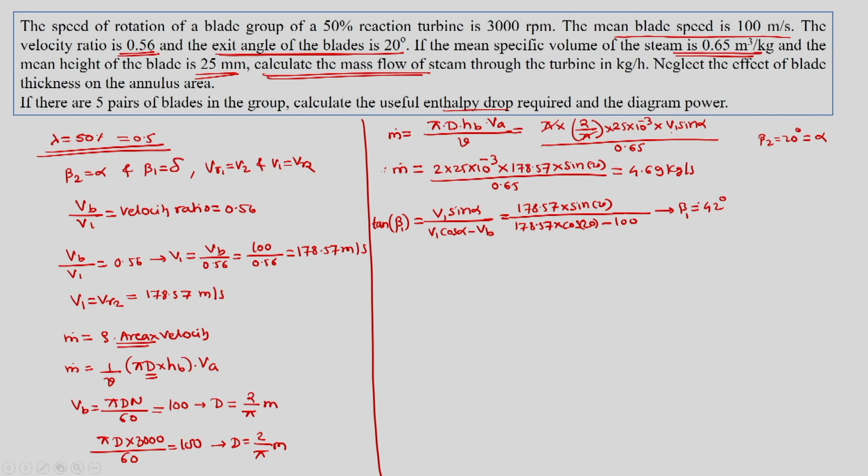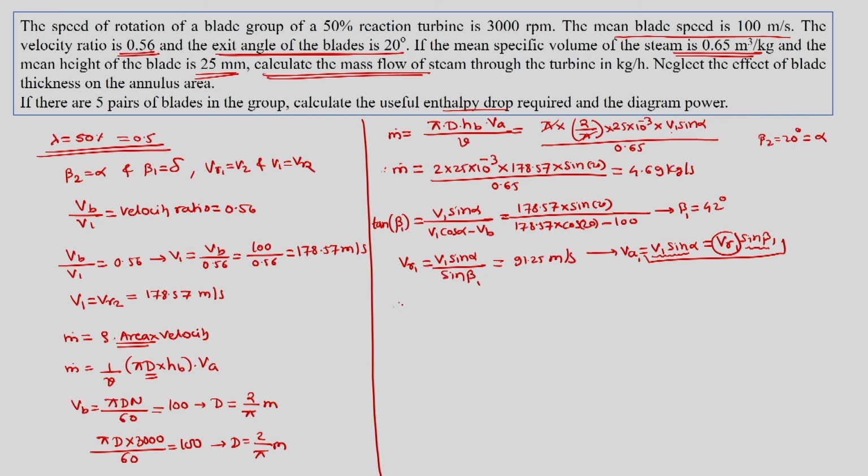Having this, we can find VR1, and VR1 is equal to V1 sin alpha divided by sin beta 1, which is 91.25 meters per second. Here we are using Va1 equal to V1 sin alpha, equal to VR1 sin beta 1, and from this equation we get VR1 equal to V1 sin alpha divided by sin beta 1.